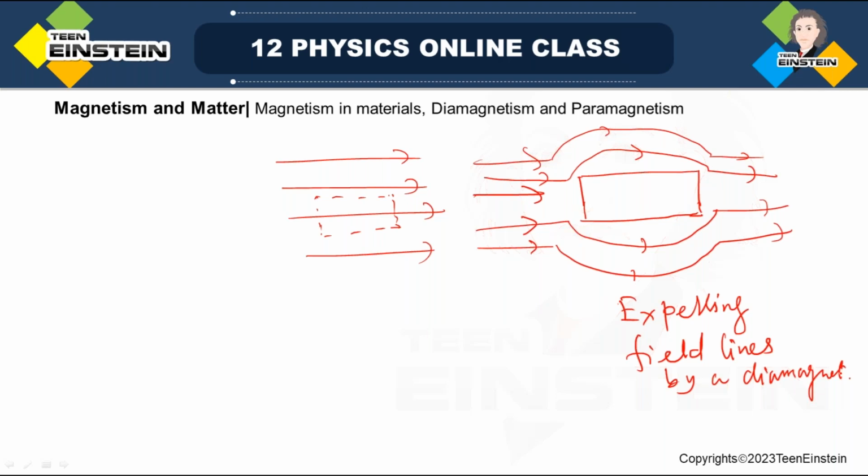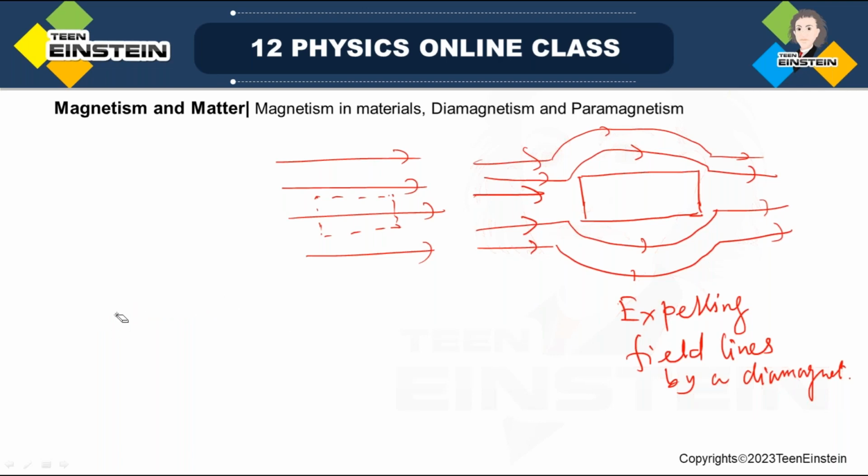See, in case of a diamagnetic substance, the permeability mu is less than mu 0.